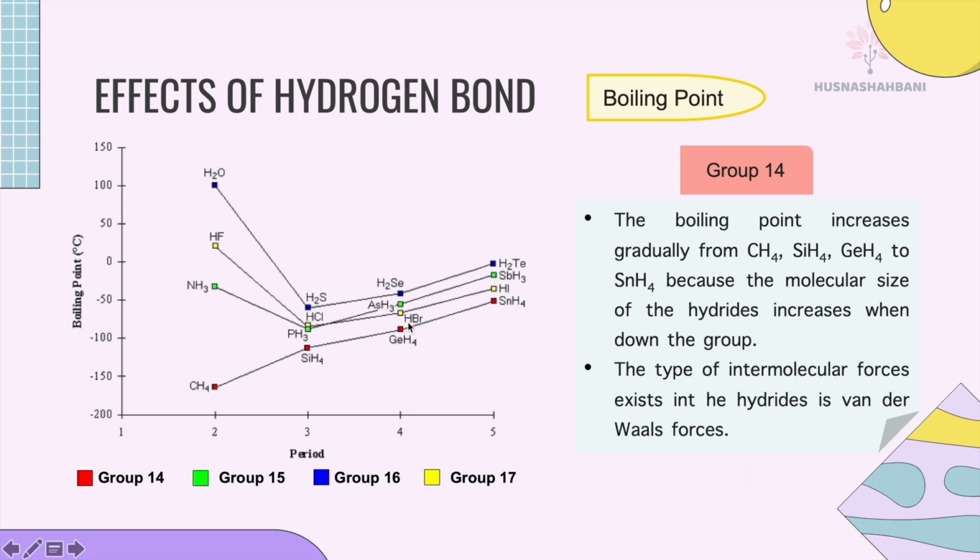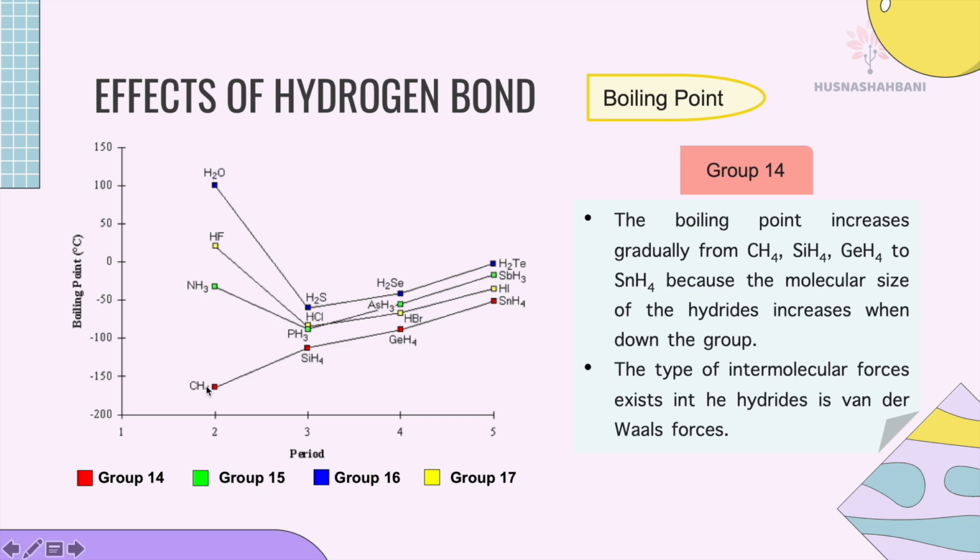Going down the group, we know that the size of the atom is increasing. So the molecular size of the hydrides also increases. The type of intermolecular forces that exist in the hydrides is van der Waals forces.